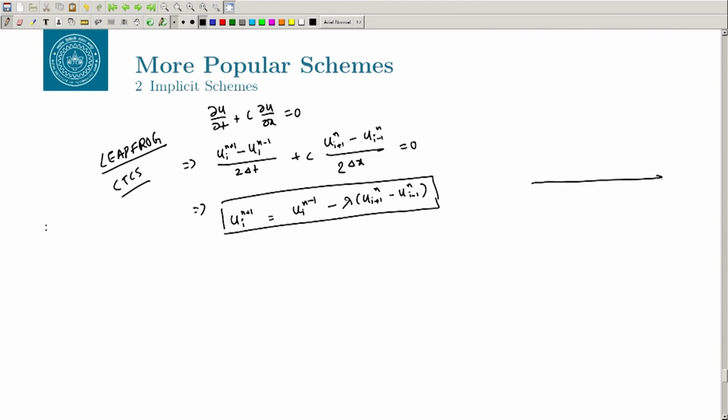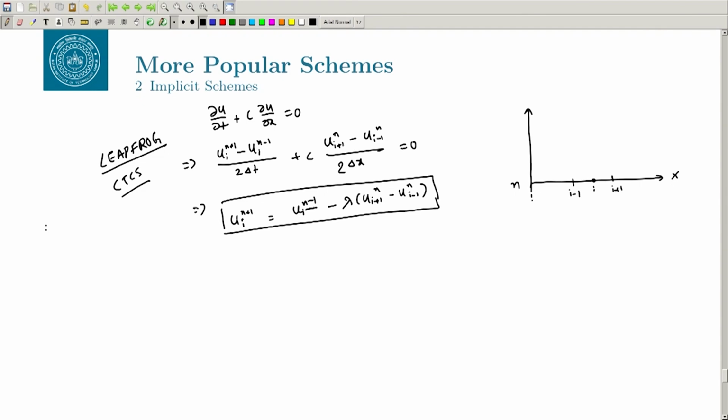Let us say this is my x and this is my t, right. If you are starting, you know the value at n, right. Let us say this is my point i, and this is i plus 1 and this is i minus 1. Okay. But this scheme requires your value at n minus 1, right.